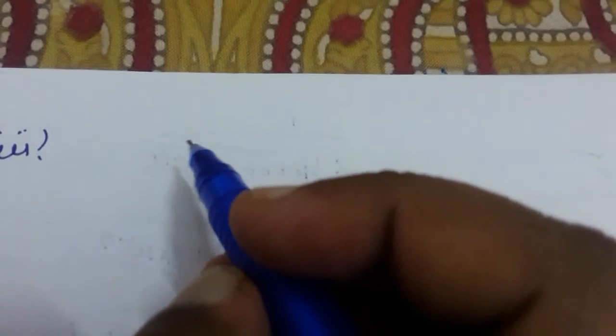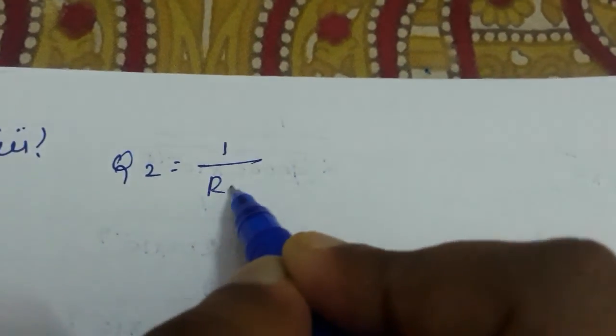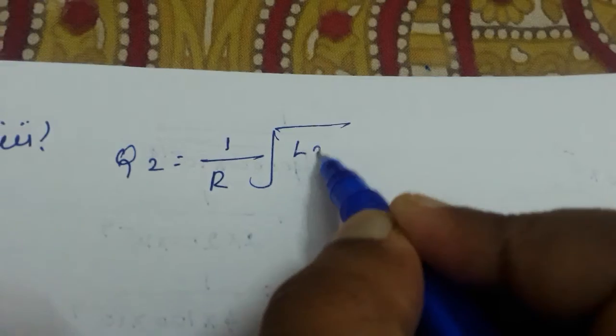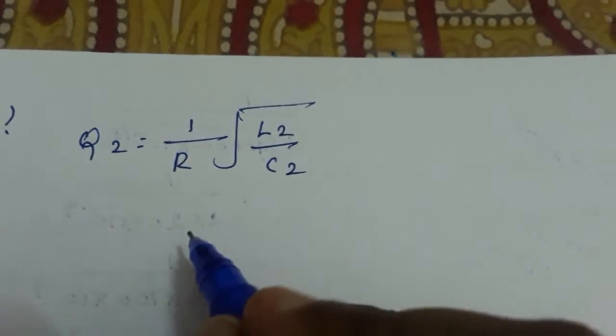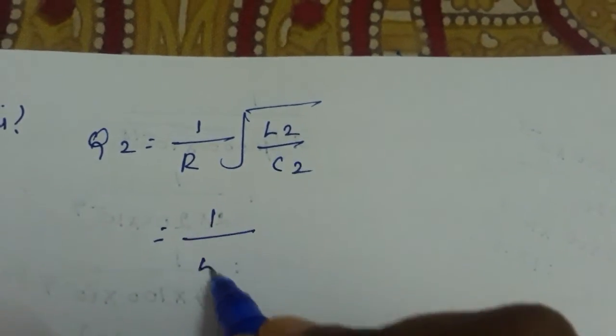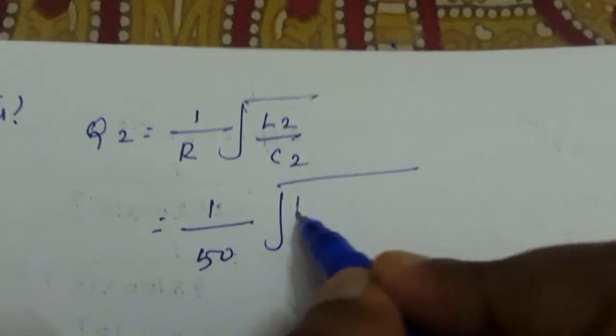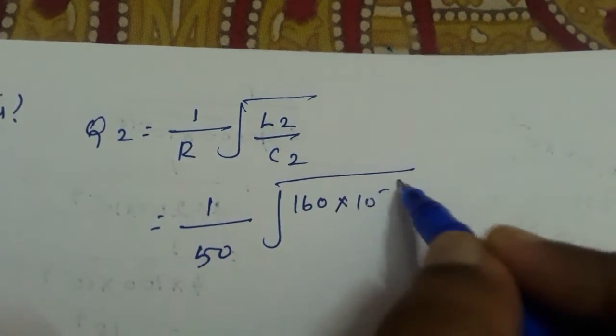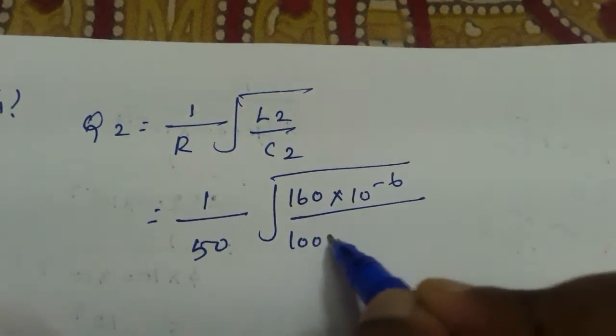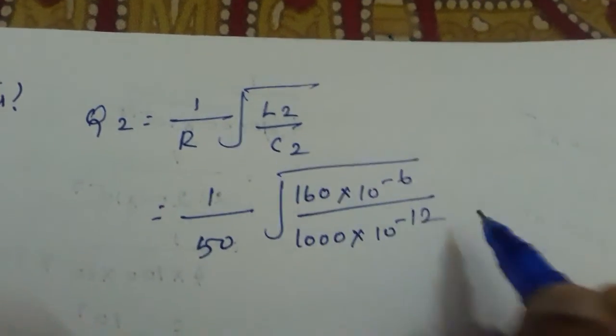Now we have to find the new Q factor. Q2 is equal to 1 by R root of L2 by C2. So it is 1 by 50 into root of L2, which is 160 into 10 raised to minus 6, by 1000 into 10 raised to minus 12.